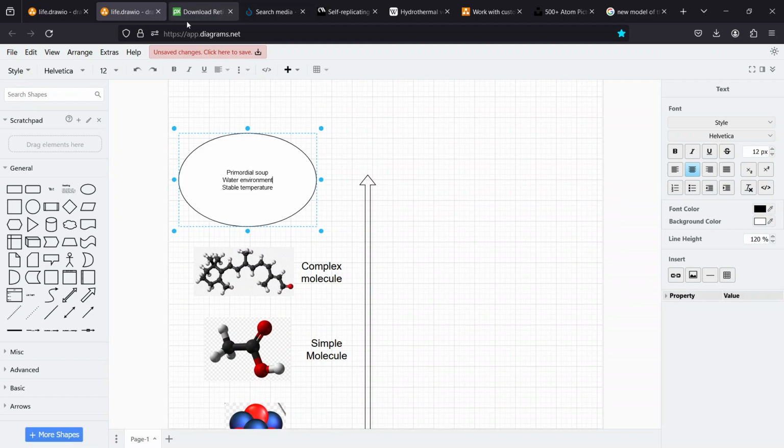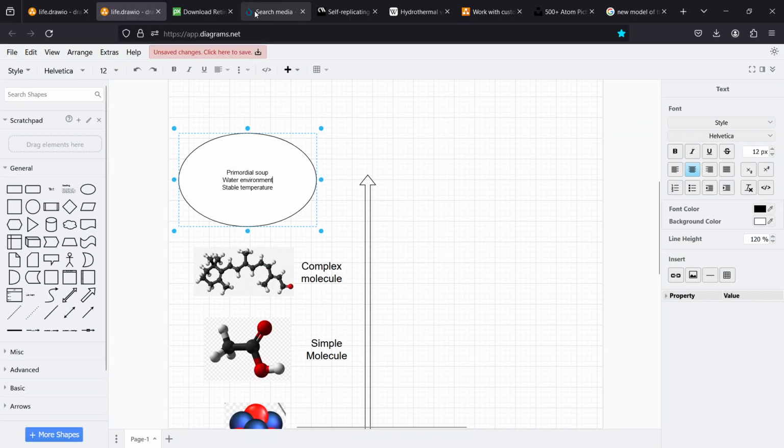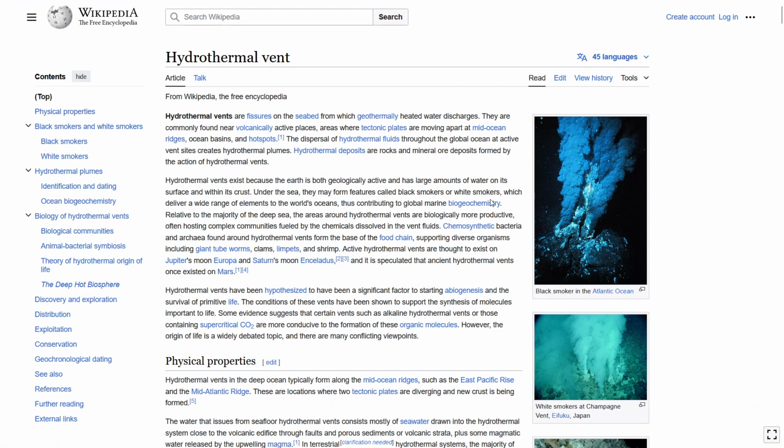Somewhere in a cave or something, and most likely somewhere underwater, because sunlight is radiation, and that also breaks down the molecules. After they formed, they get destroyed by sunlight and stuff like that.